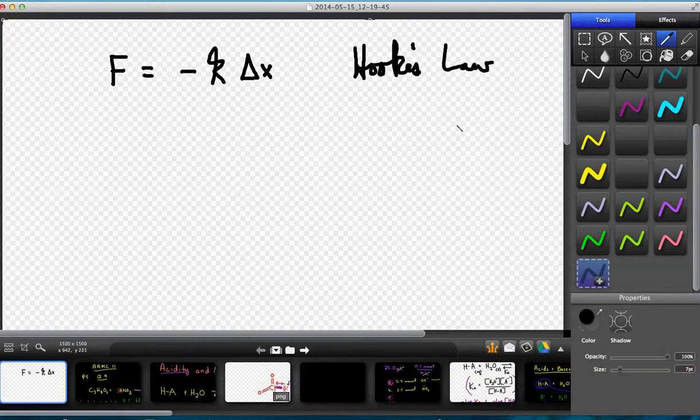Very analogous to this, because stress equals a constant, which we call Young's modulus, times strain.